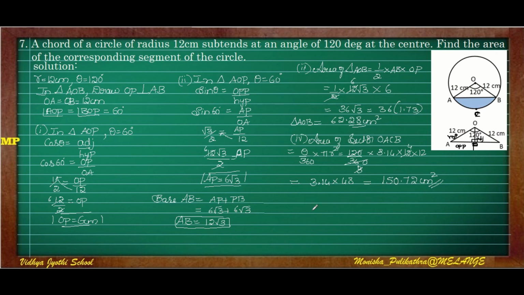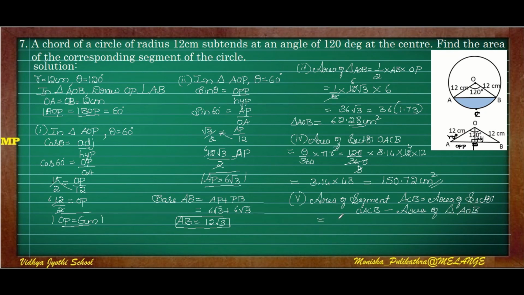So we got area of sector and area of triangle. The last thing we need to find out is area of segment ACB. Area of segment ACB is obtained by subtracting area of sector OACB minus area of triangle AOB.